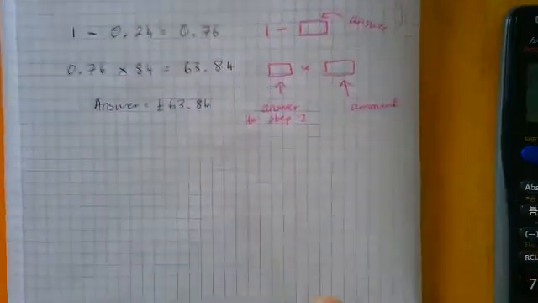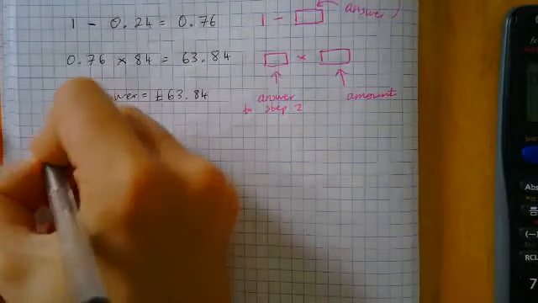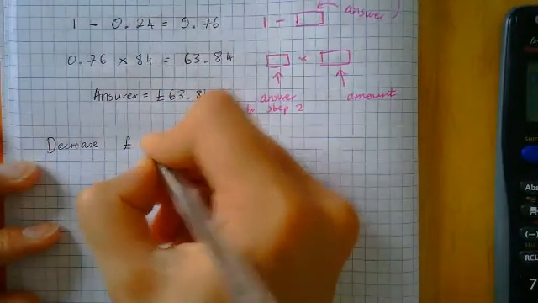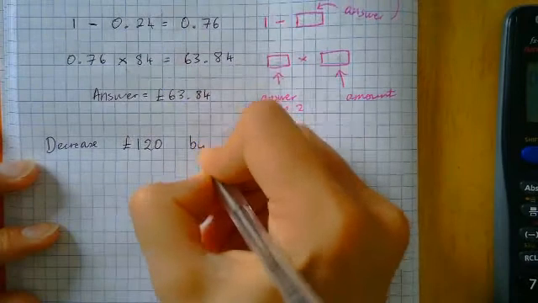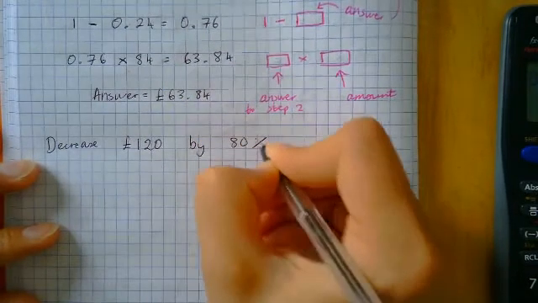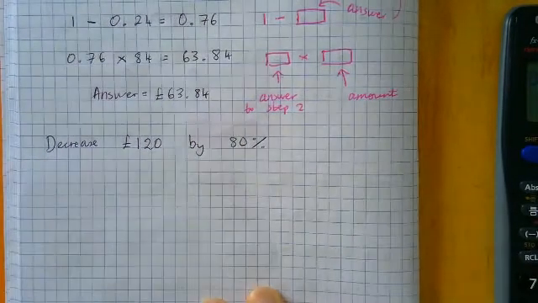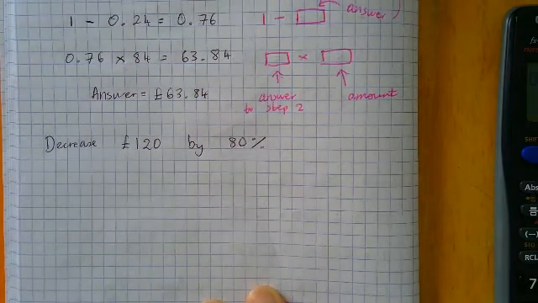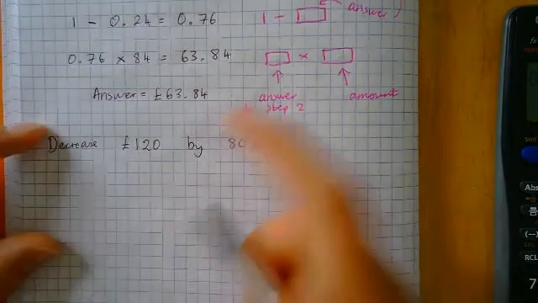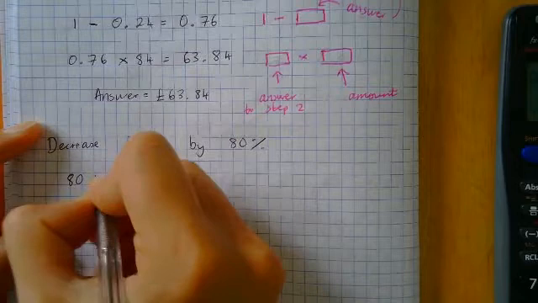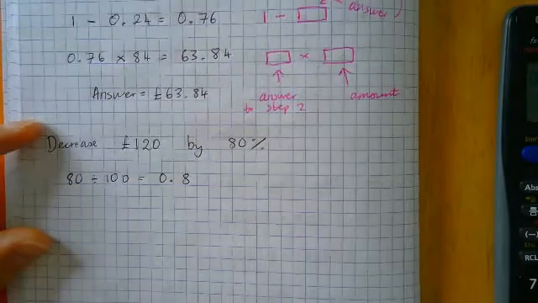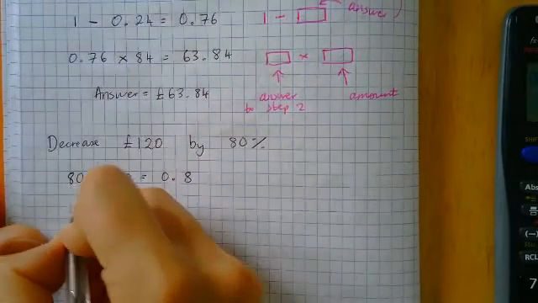I'll whiz through one more example and then you can get on with some questions. So let's have a look at decrease. Let's do another money one. £120 by 80%. So this is a really big clearance sale. It was £120 and they're trying to get rid of it. They were going to reduce the price by 80%. So percentage divided by 100, that will give me 0.8.